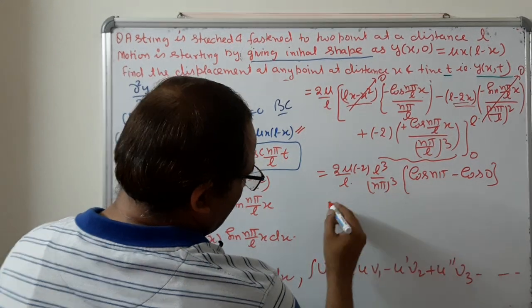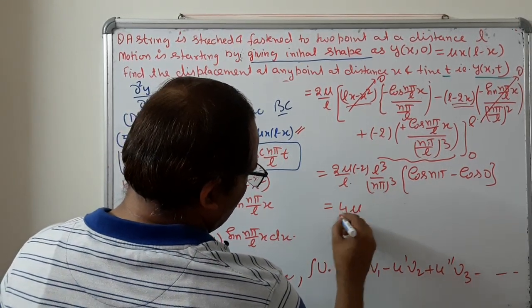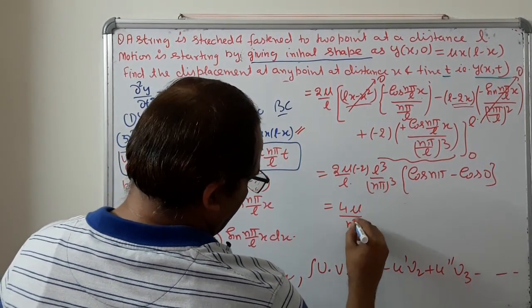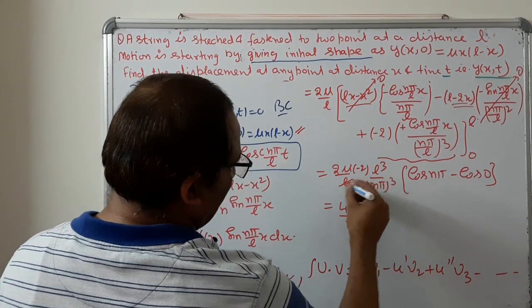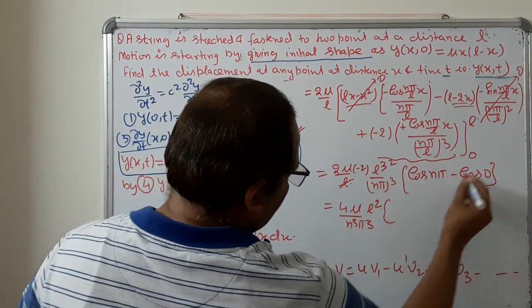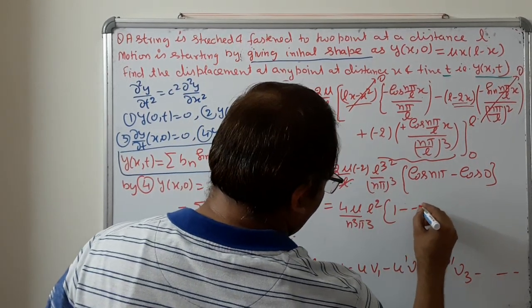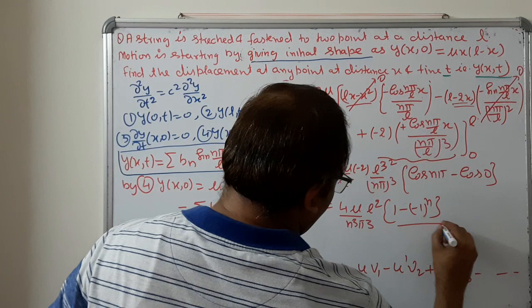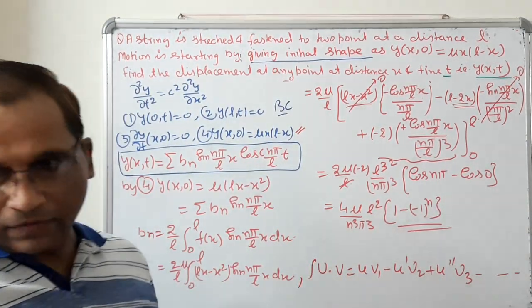Taking the minus sign inside, we get 4 mu upon n cube pi cube, the L's cancel out, leaving L square, and cos 0 is 1, so 1 minus (minus 1) to the power n. This is the final answer.